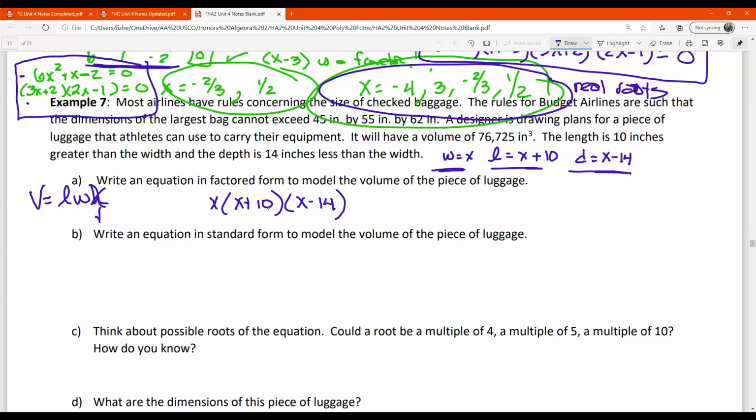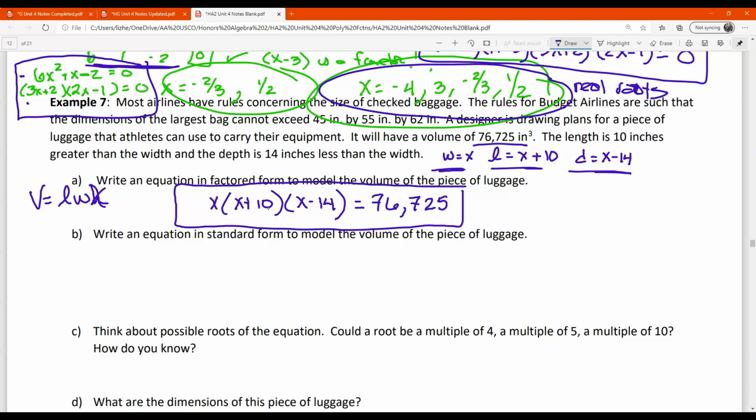And all this, we are told, equals the volume. And what's the volume? 76,725. And there is an equation in factored form to model the volume of the piece of luggage.